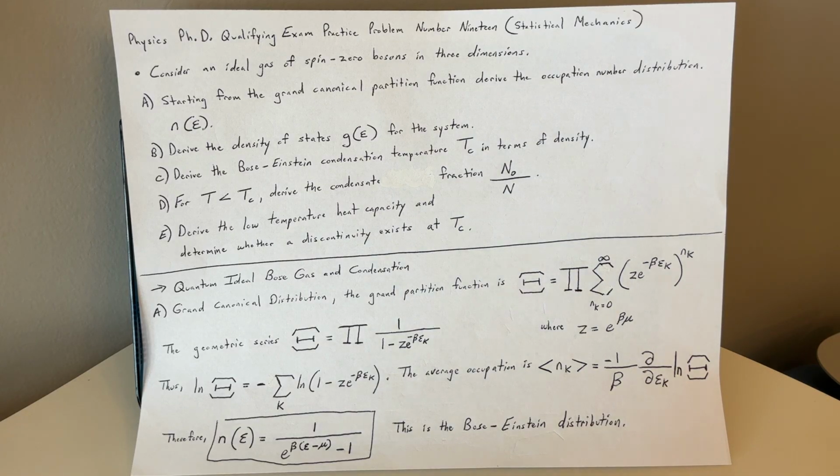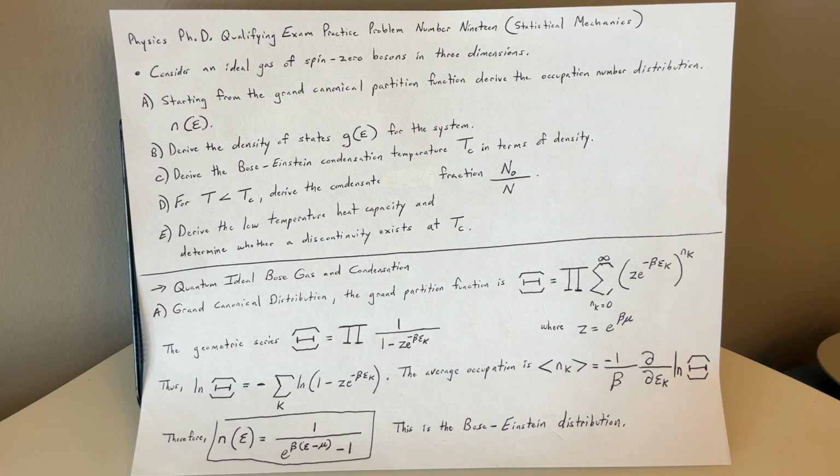Thus we have ln of capital Xi equal to negative the sum over k of ln of 1 minus ze to the negative beta epsilon sub k.